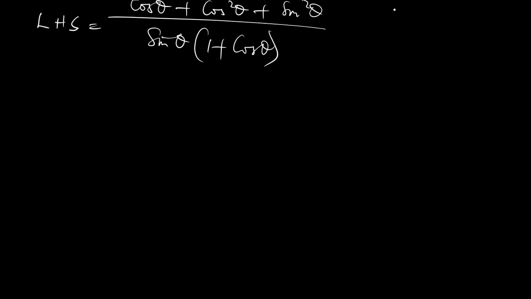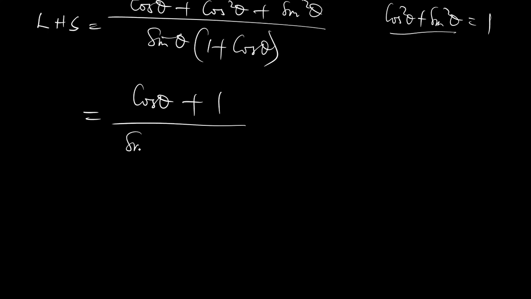Now, according to trigonometric identity, you know cos square theta plus sine square theta is equal to 1. So anywhere we see this, we substitute 1. So that means the whole of this is 1. You now have cos theta plus 1 divided by sine theta bracket open 1 plus cos theta bracket close.